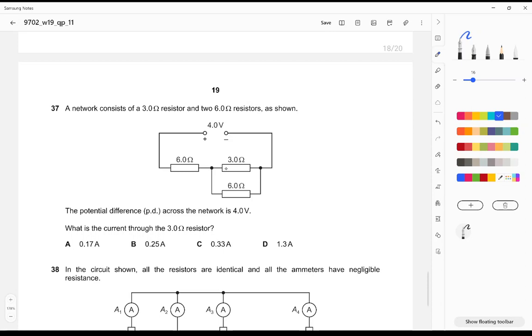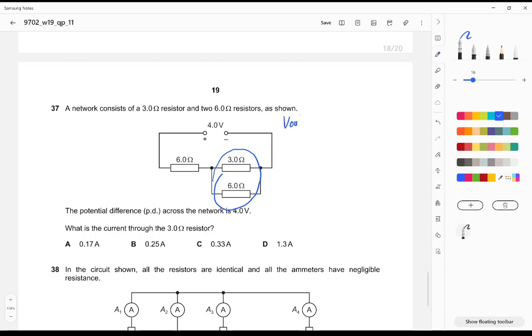So first of all, let's find the voltage across this part. I'll just approach this question in a way that is very direct. So I'm just going to find this using the potential divider formula.